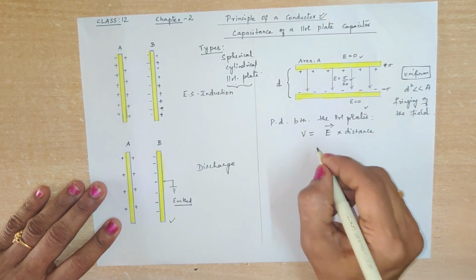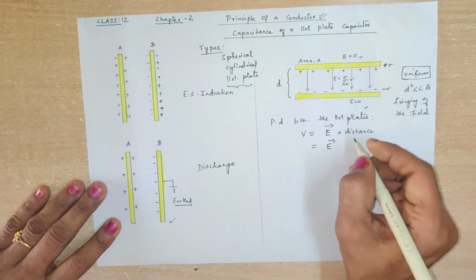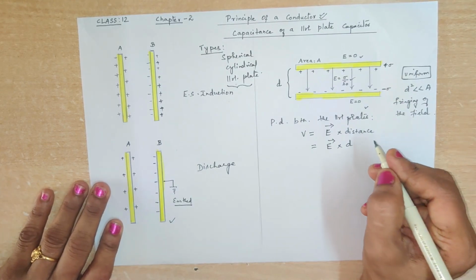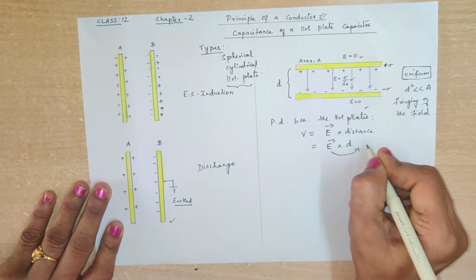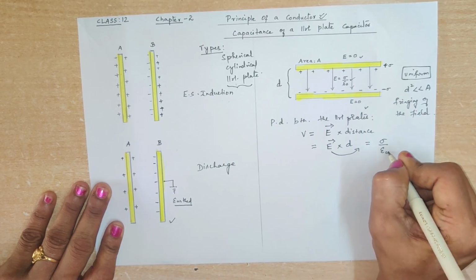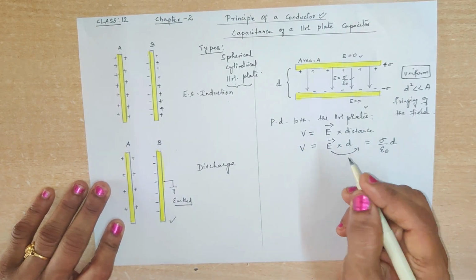The distance is D. Therefore, we can write E and the distance D. This E can also be substituted, and we have the formula sigma by epsilon naught into D, and this is the potential difference.